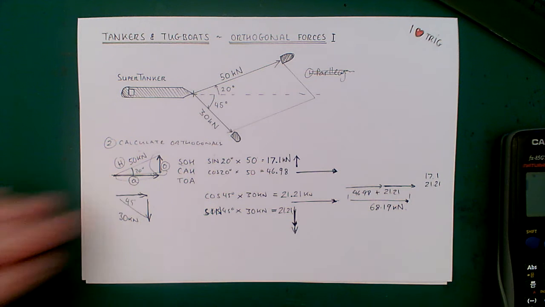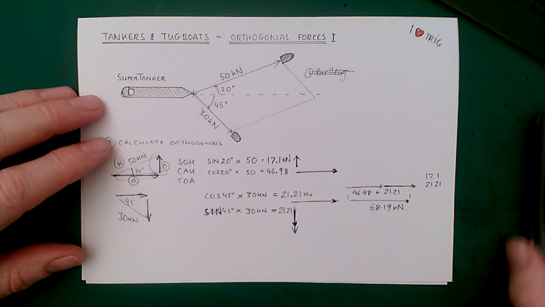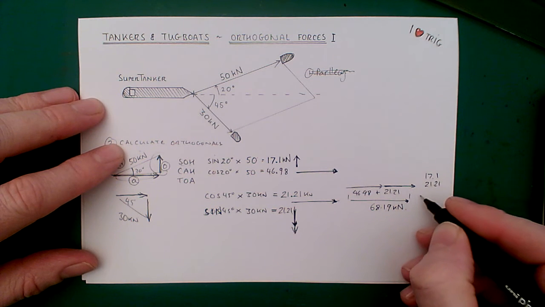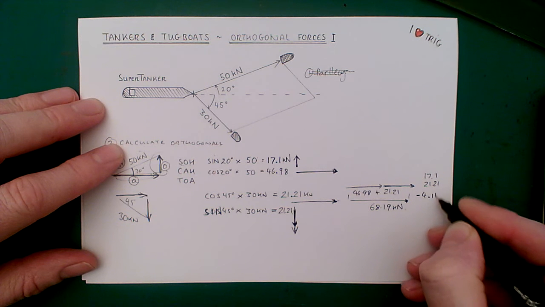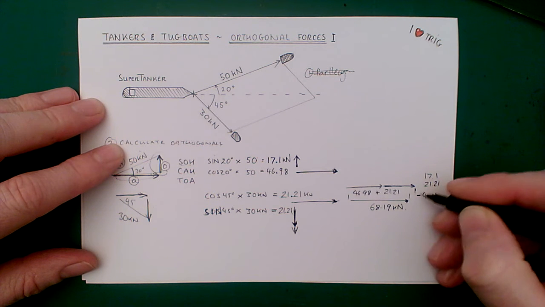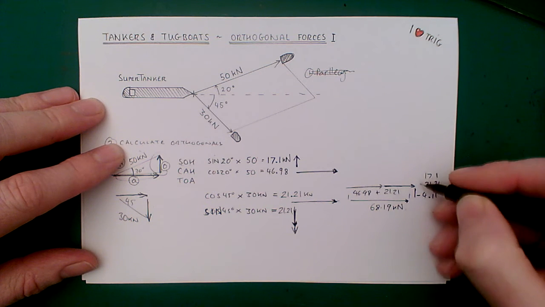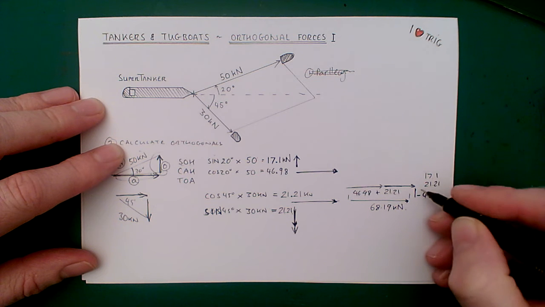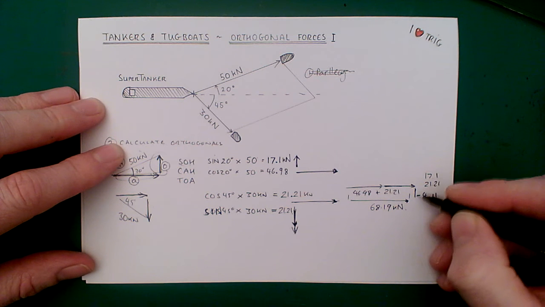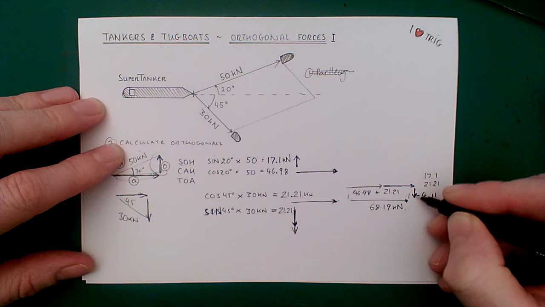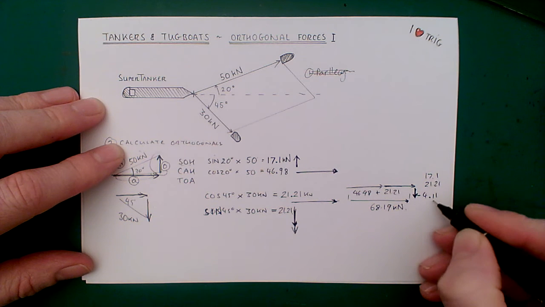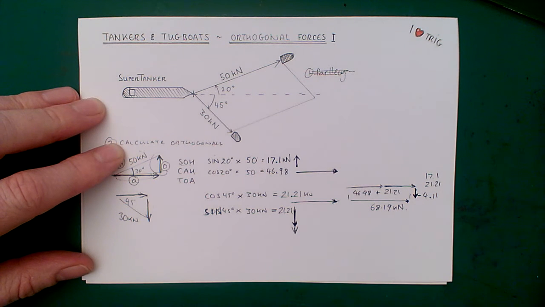So we take one away from the other, and I'm looking at minus 4. So that basically gives me just slightly in that direction, so we've got 4.1.